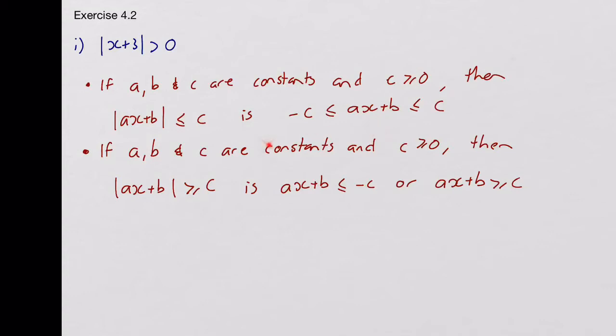So in other words, if the absolute value is less than the constant on the right-hand side, then we would have the negative constant there, the positive constant there, and the middle value here, and you would solve accordingly.